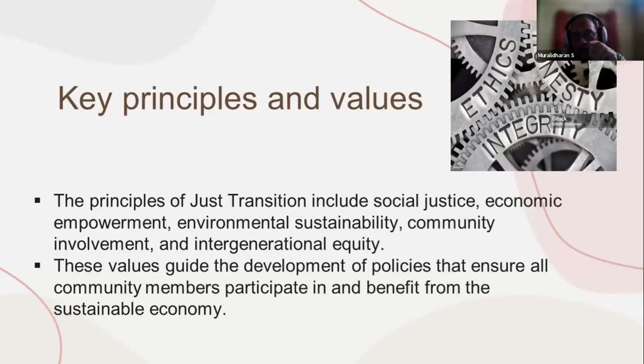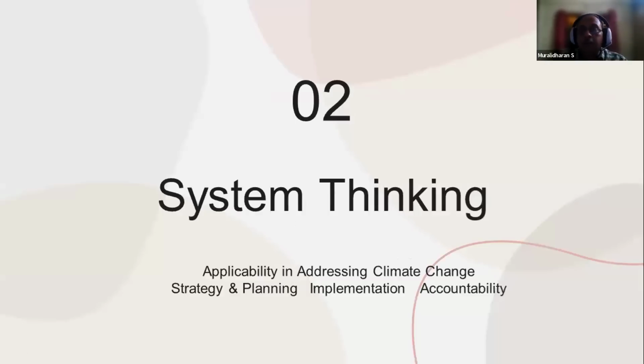That is the fundamental thing when we look at the principles and values of the just transition. So we have understood what is just transition, how it was born, what the concept is, and what the requirements to be taken care of are.